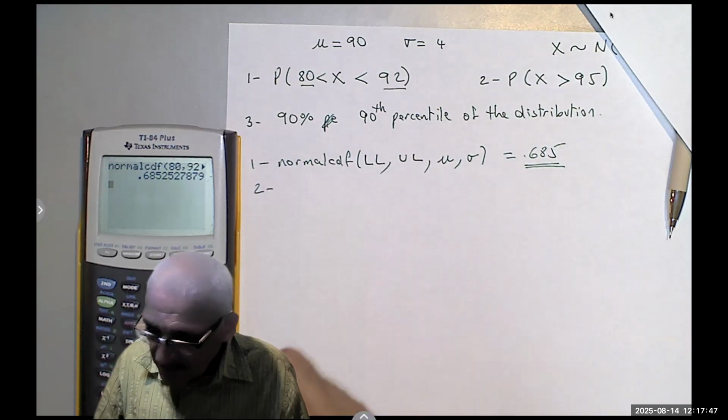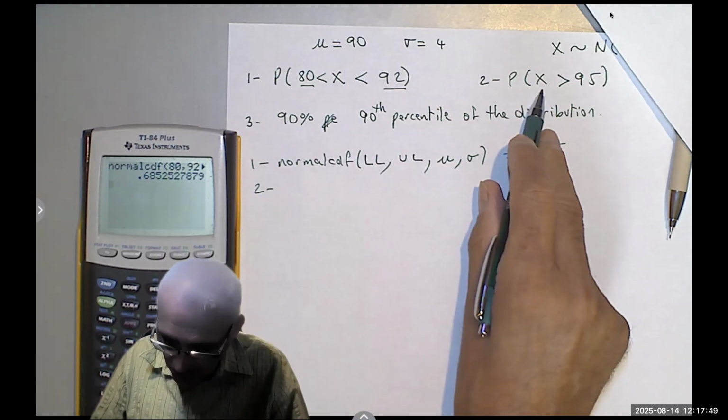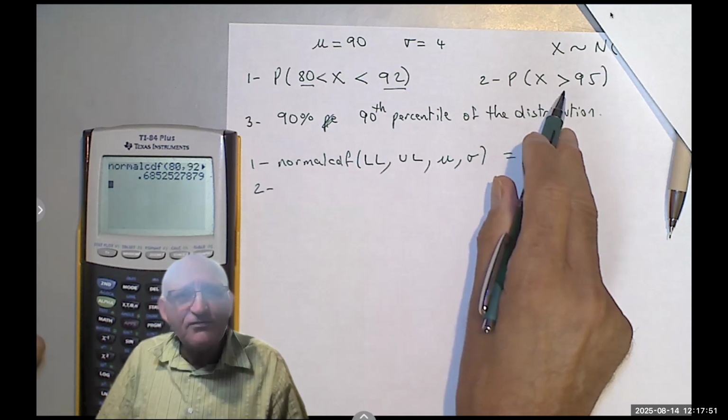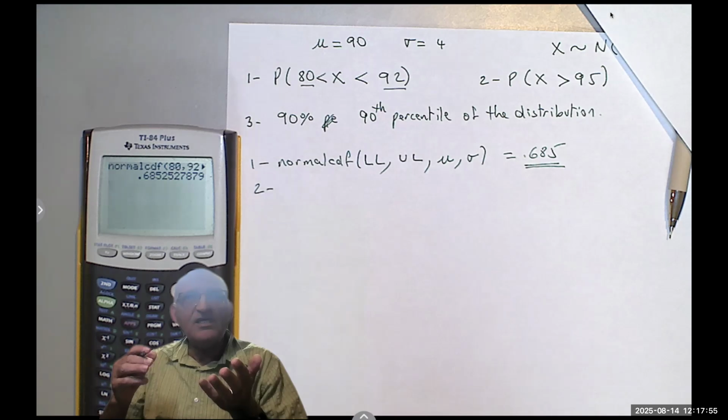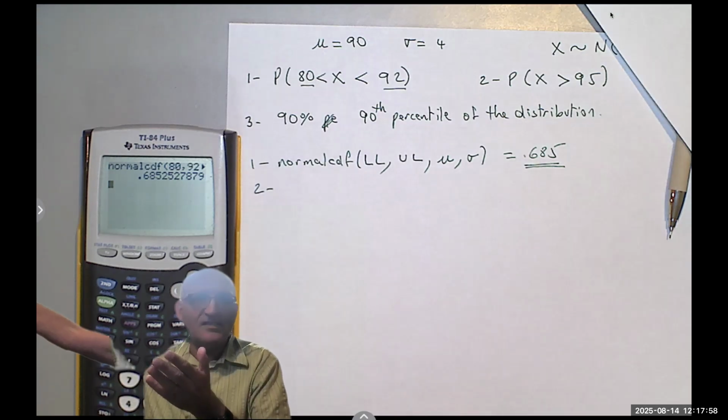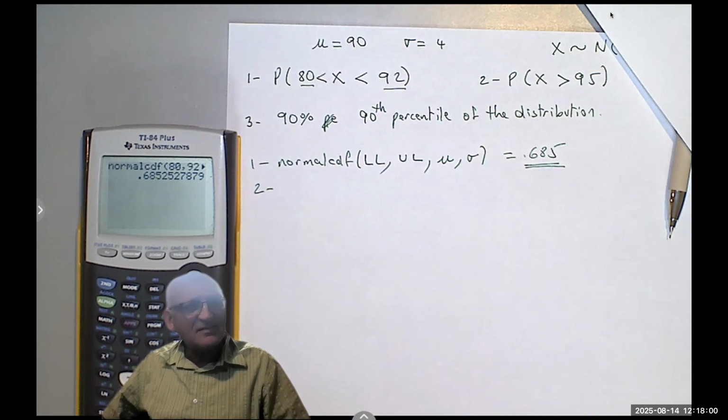Second, I want the cumulative also, but for values greater than 95. Greater meaning from 95 to infinity. How do I write that?